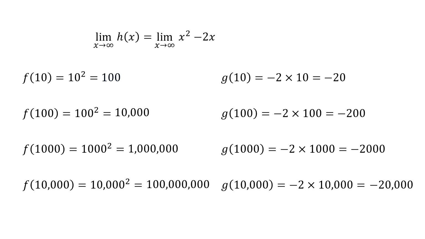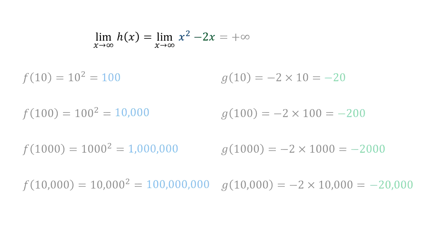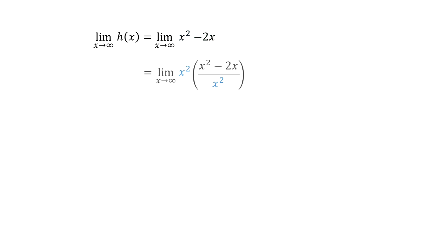If you look at the calculations, you can see that function f grows faster than g. This is because it has the highest exponent. Thus, h of x goes to plus infinity. You can also check that by factoring out x squared.